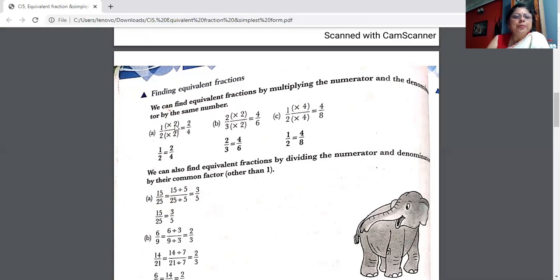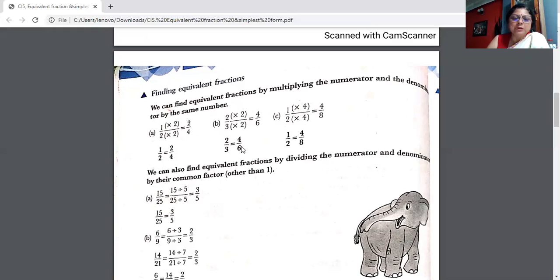Now let's see with some examples. Now half. When we multiply both by 2, we are getting 2 by 4. As in the case of cakes also, we saw they were equal. In this case, 2 by 3 you multiply by 2 and you get 4 by 6. So when you divide something in this manner, you will find 2 by 3 is equal to 4 by 6.